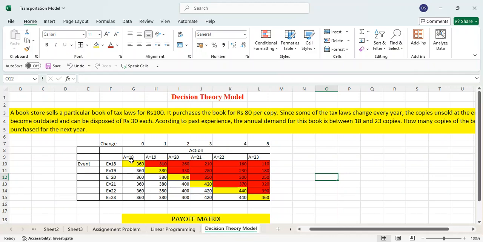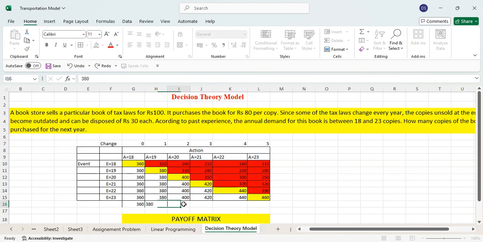Suppose the market demand is 18 and I have kept 18 books on the shelf, then the maximum amount of money I get is 360. Similarly, if it is 19, then I get 380 rupees. Similarly, 400 rupees. Similarly, 420 rupees. Similarly, 440 rupees.